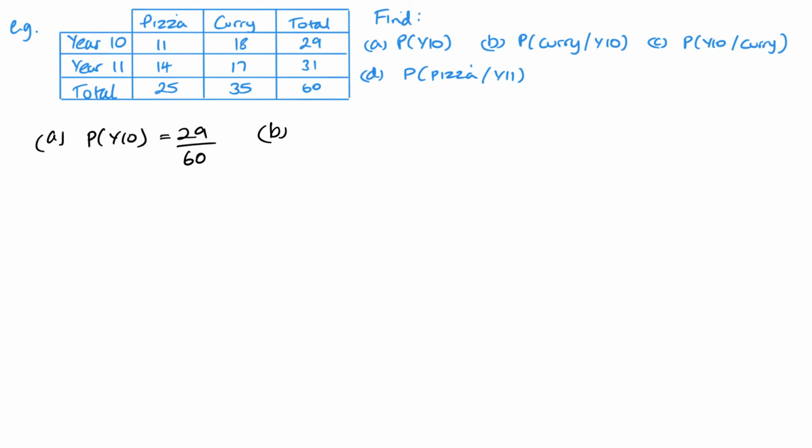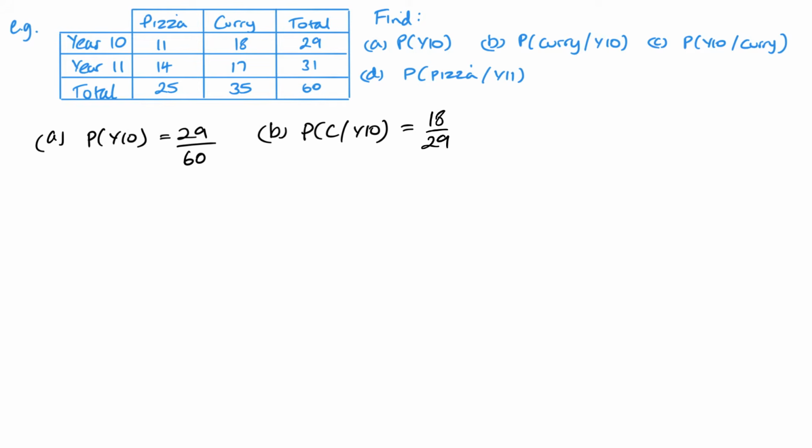Part B is the probability of a curry given it's a year 10 student. What that means is we're now locked into just the year 10s. 18 like curry, and we've got 29 year 10 students.